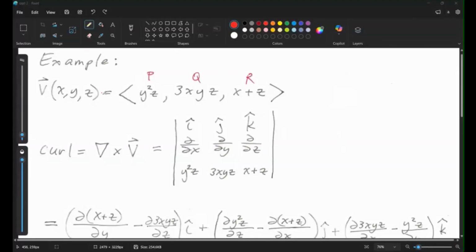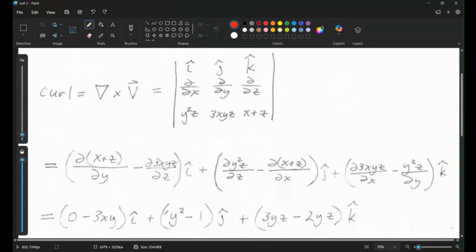I almost forgot I was going to do an example. So we have our vector field here in our P, Q, R elements, and if we want to find the curl vector, we're going to cross the del operator with the vector field. Here we have that. This is our pseudo del vector, and this is our P, Q, R vector. Now it's just like taking a cross product.